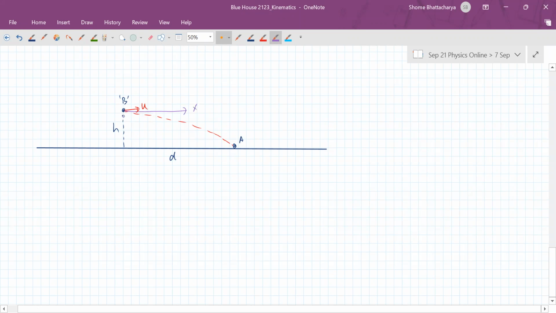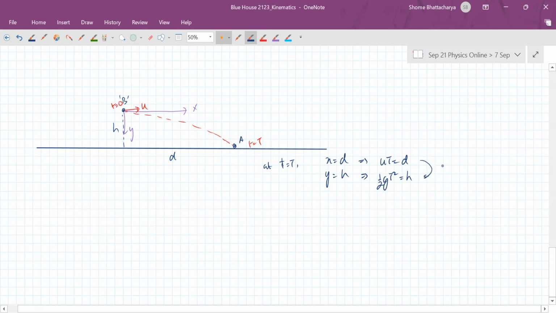Okay, so now again you can do the time-based equations here to be easy. Take this as your x coordinate, take this as your y coordinate. If he projects it at t equal to 0 and it hits goalie A at time t, then at t equal to t, your x coordinate should become d. So ut should become d, and the y coordinate should become h, or half gt square should become equal to h.